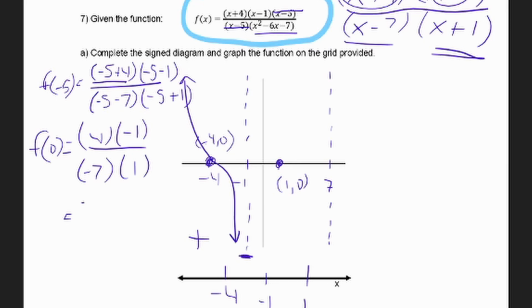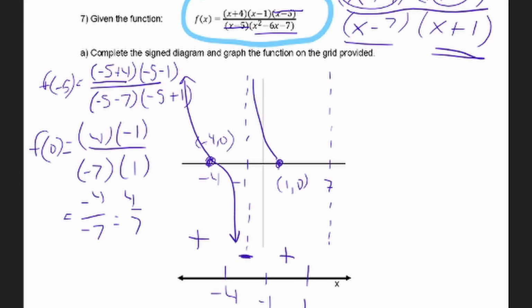And that gives us a negative 4 over negative 7, which is a positive 4 over 7. So it looks like it's coming down this way, and then between negative 1 and 1, this is positive.